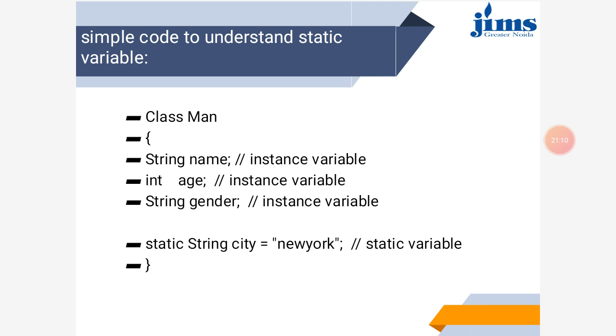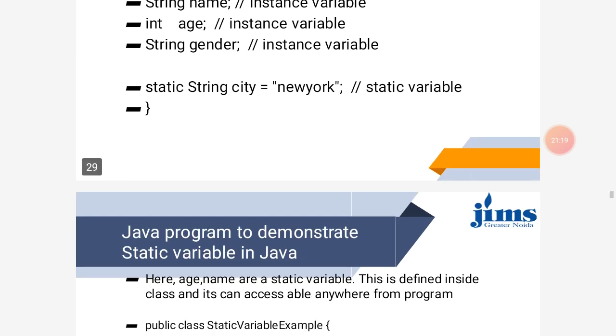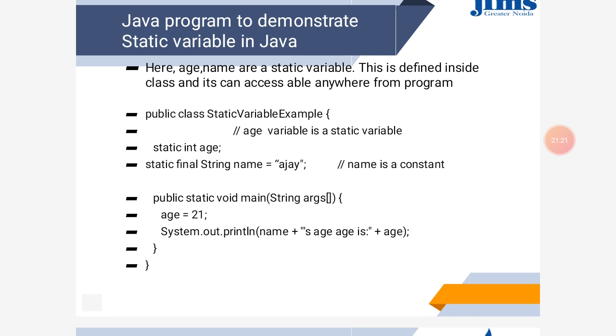So we generally do not use a static variable unless it is required, and once it is required, then it is common for all. So in this program we can understand things in a better manner. There is one class, and one variable, say age, is declared as static, and the second variable is also static, and it is final also.